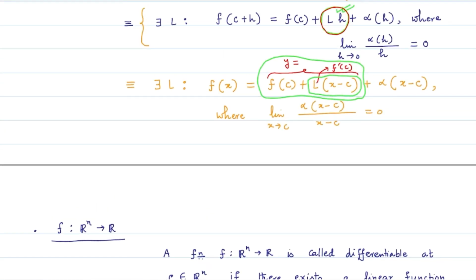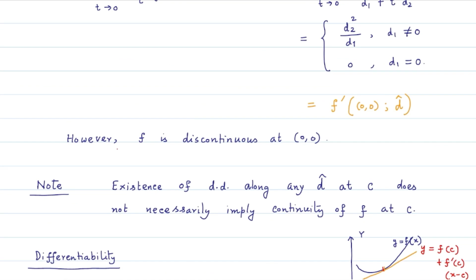We have seen over here that existence of a directional derivative along any direction at a point c does not necessarily imply the continuity of the function f at c, and hence existence of directional derivatives along all directions at c does not necessarily imply that the function f is differentiable, because had it been differentiable, it must have been continuous at the point c.